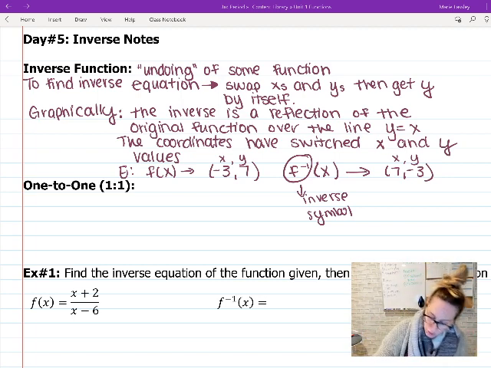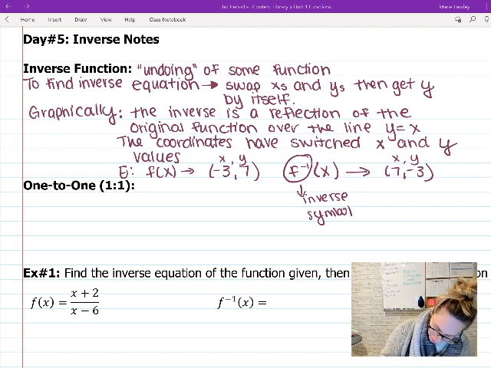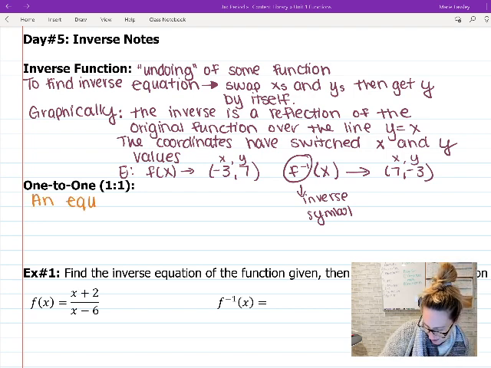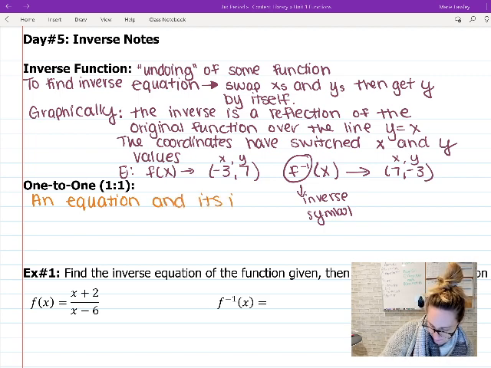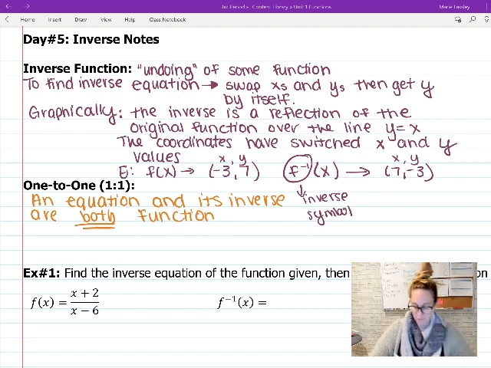So one-to-one: an equation and its inverse are both functions. You have one equation, you have its inverse equation. If they are both functions, then we would say that this function is one-to-one.